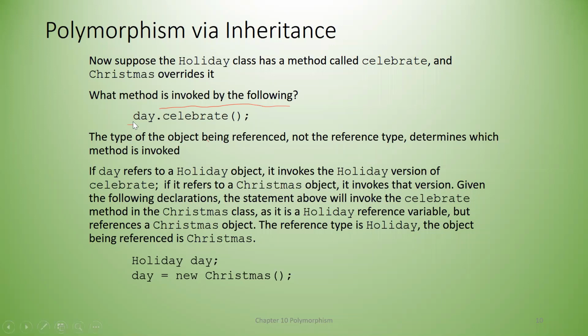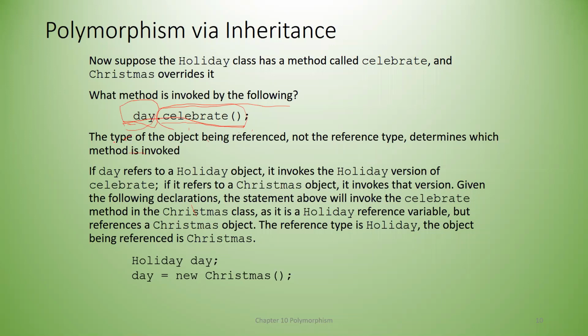So both of them have this method. If you have this call, they dot celebrate, if they is a Christmas object, it will call the Christmas method. If they is a holiday object, it will call the method in the holiday object.